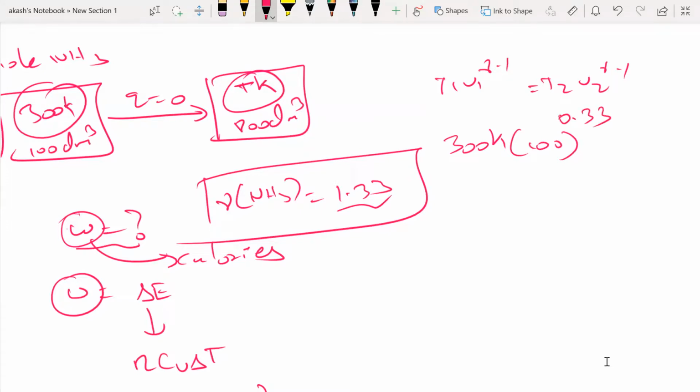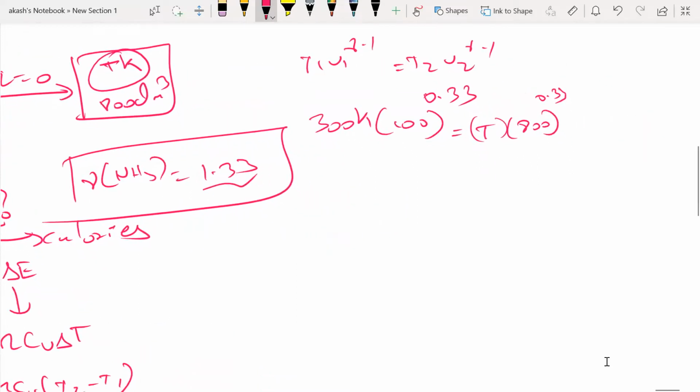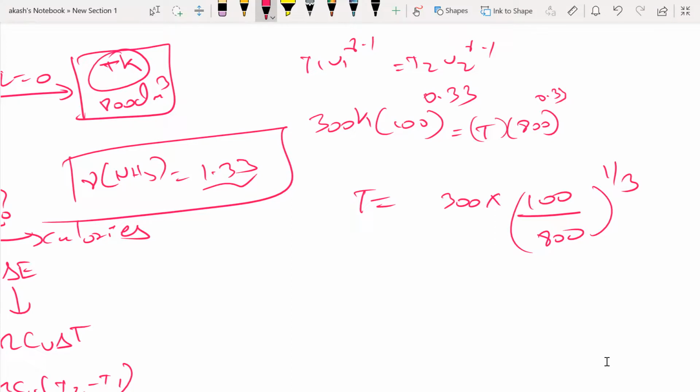T2 is T Kelvin, into final volume 800 whole to the power 0.33. Let us club the terms together. T is equal to 300 into 100 divided by 800, the whole power 0.33, which I'll write again as 1 by 3.